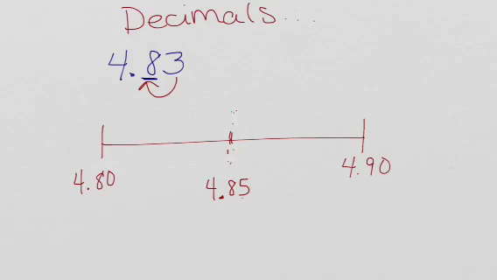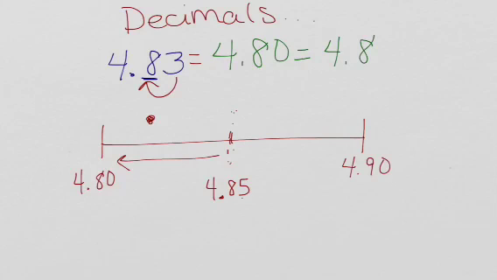Well, 4 and 83 hundredths would be on this side of the number line. So in this case, the 8 would stay the same. Everything else would turn to zeros. So my rounded number would be 4 and 80 hundredths, which, if you want to think about it more simply, you could also write as 4 and 8 tenths. They are equivalent.